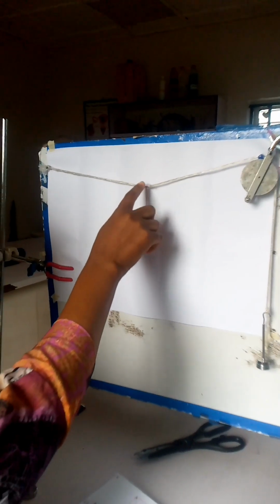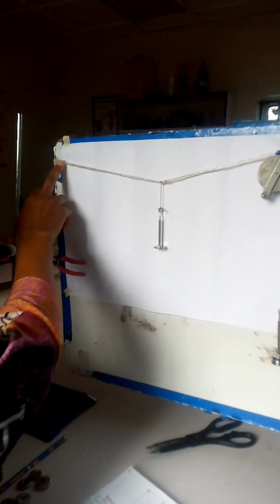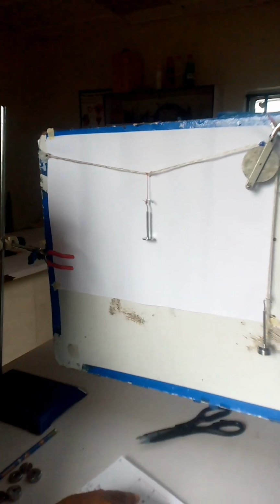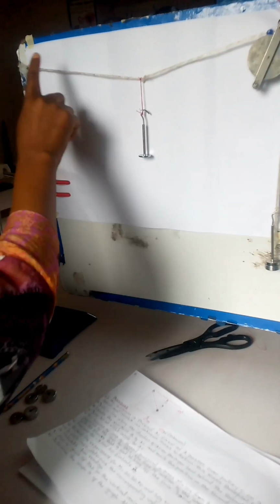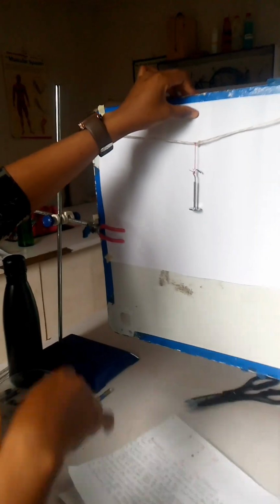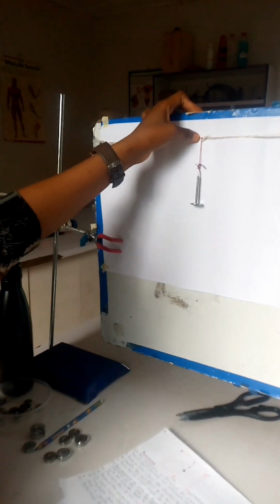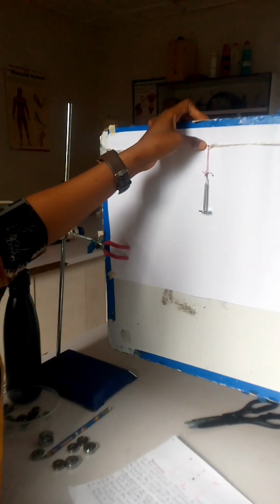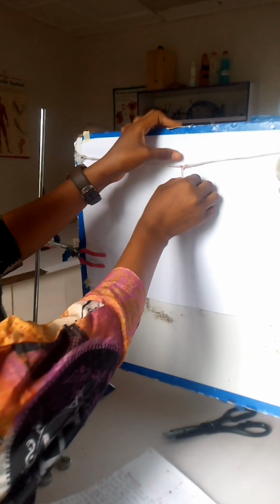So we are going to mark each point of depression. When we mark each point of depression, we measure the length from this point A to point O. This will be our point O. We record that, and we also measure the distance from the initial state, this point here where the thread is, to the new position of depression.